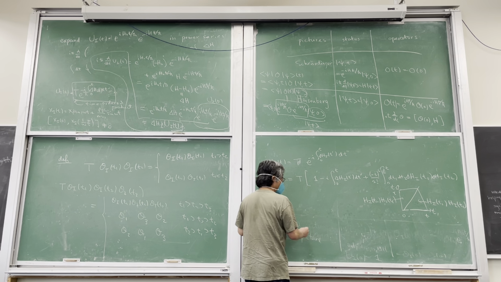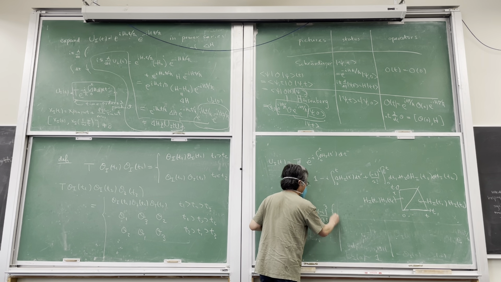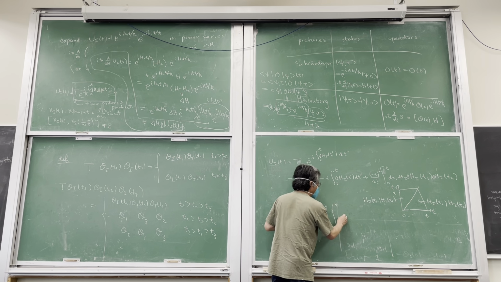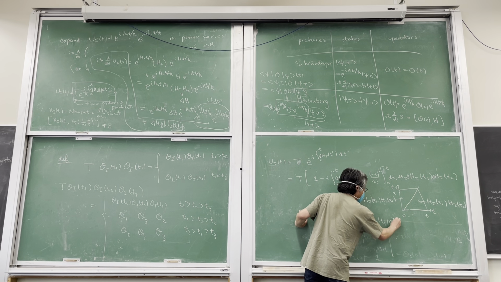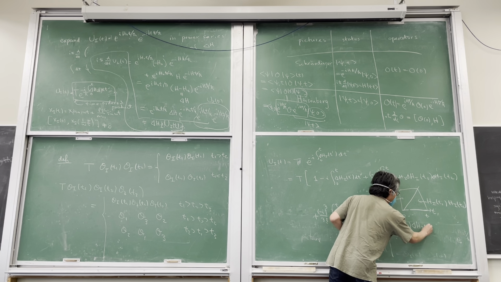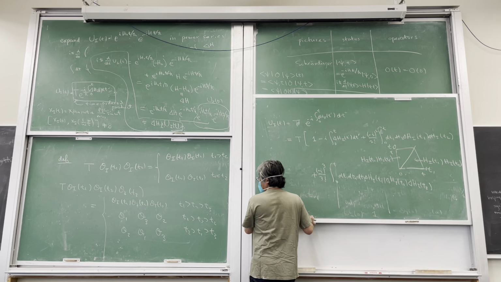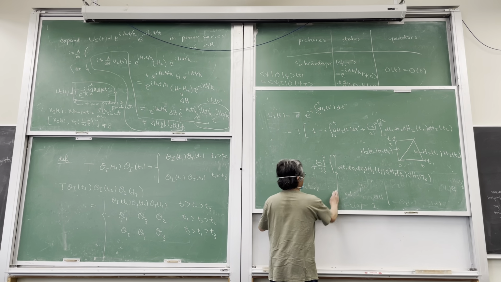Then if you go to the third order term, you have these 6 possibilities.